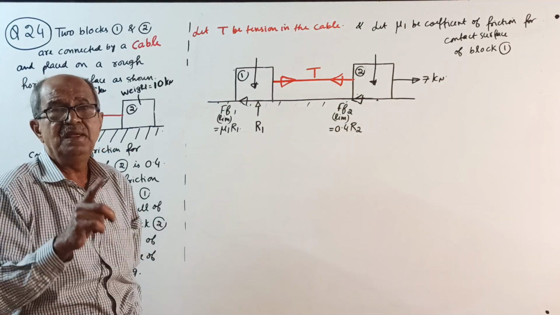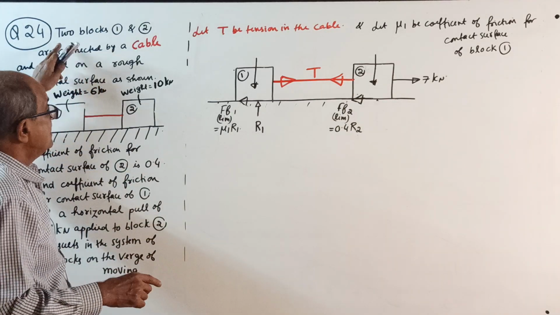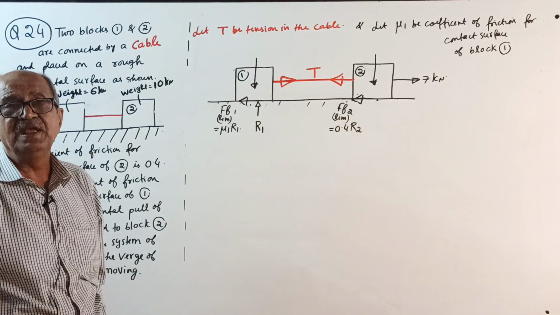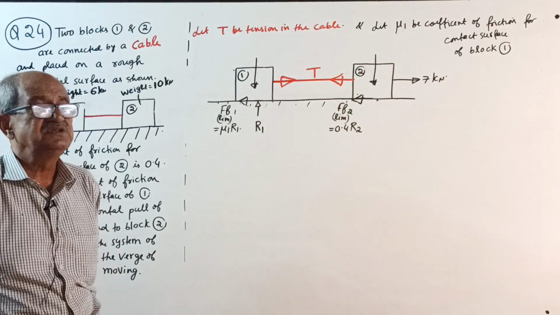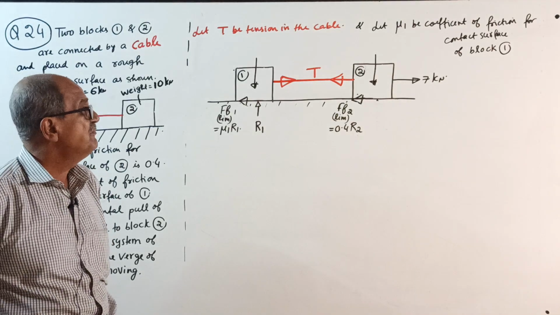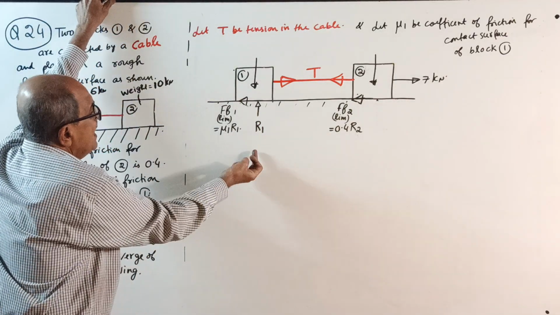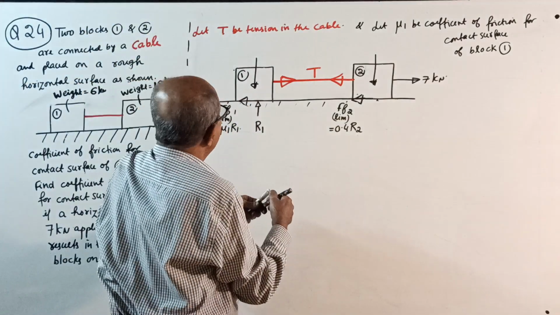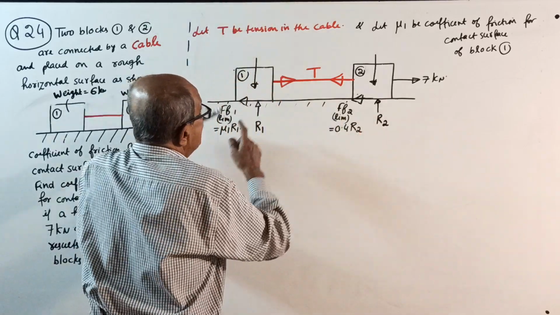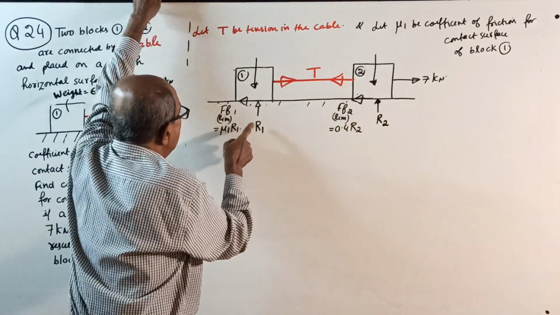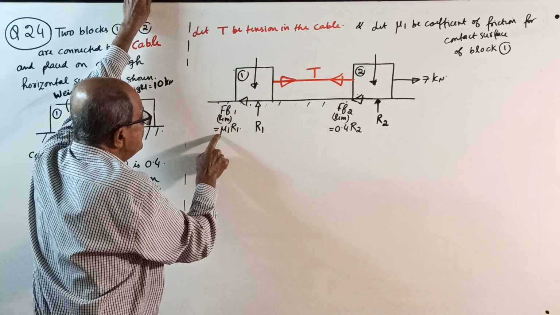I will not tell you every time, but for all the questions today, you should write: since the system is on the verge of moving, the limiting frictional resistance force FF limit will come, FF limit equal to mu into normal reaction. Let R1 be the normal reaction for block 1 and R2 the normal reaction for block 2. Then the frictional force for block 1, FF1, limiting value, is mu1 into R1.